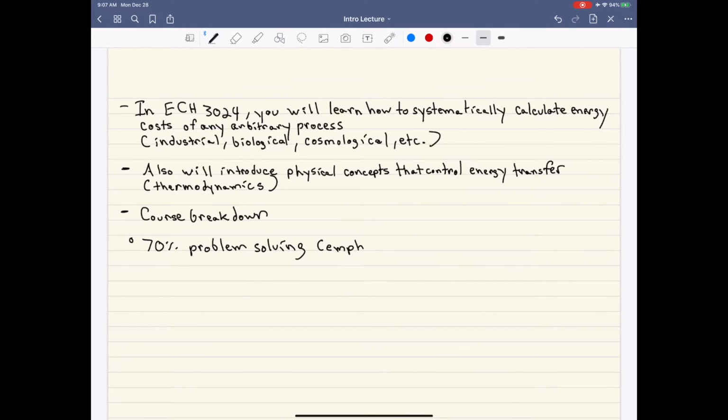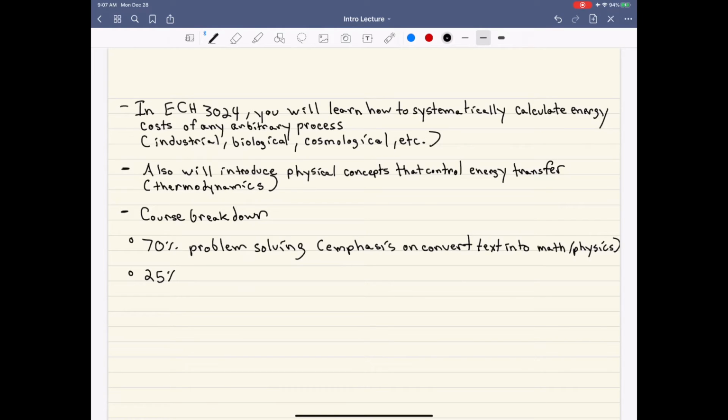Okay? And what I'm going to emphasize is the conversion of the problem text into the actual math and physics that you need to use in order to solve the problem. Okay? So that's going to be 70% of the course.